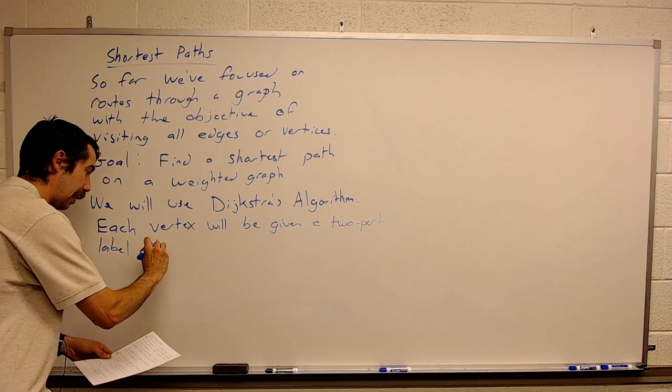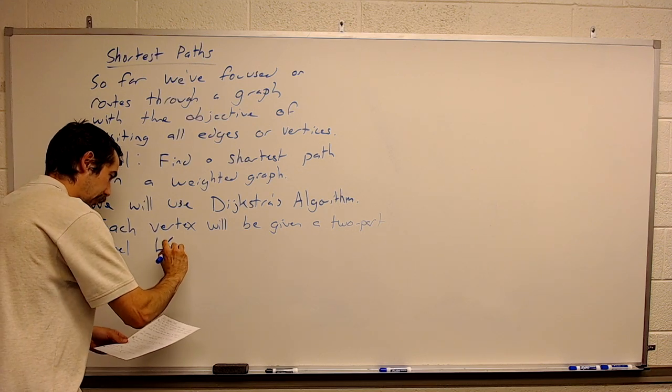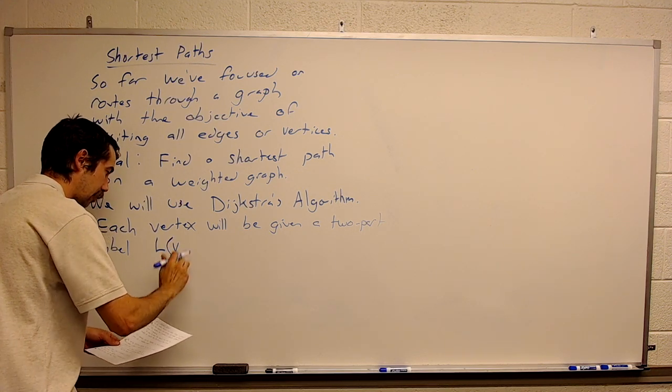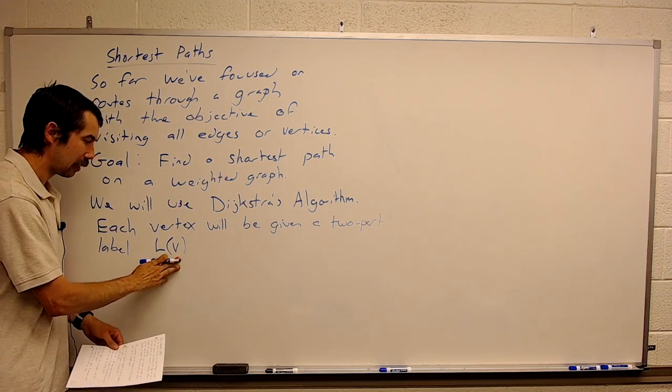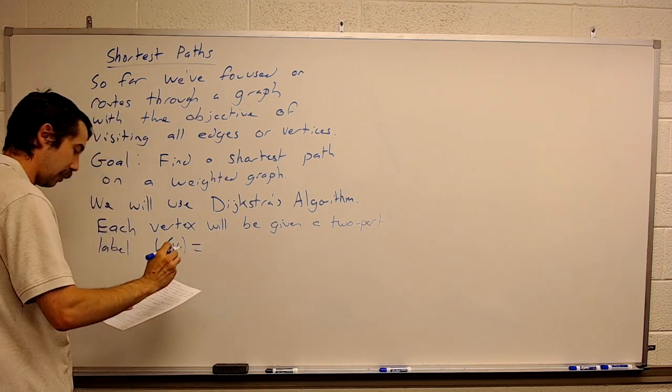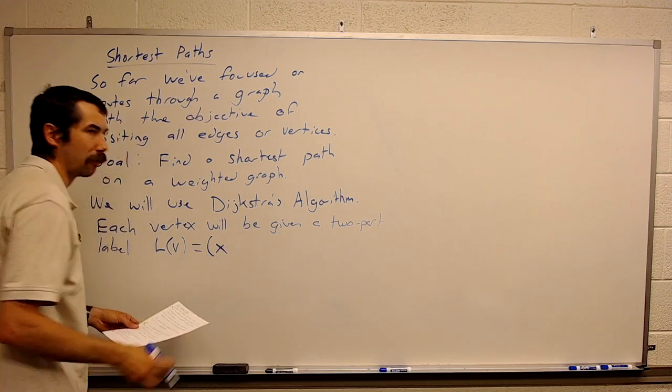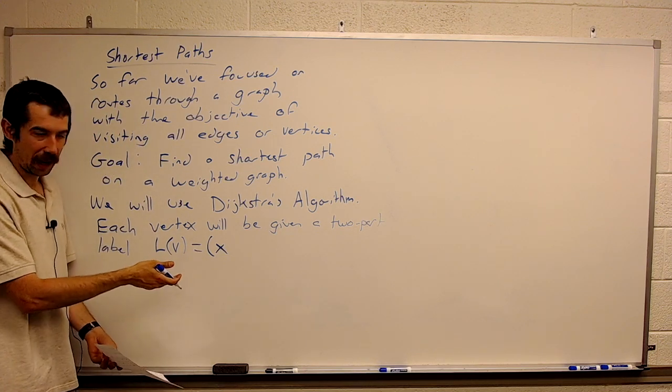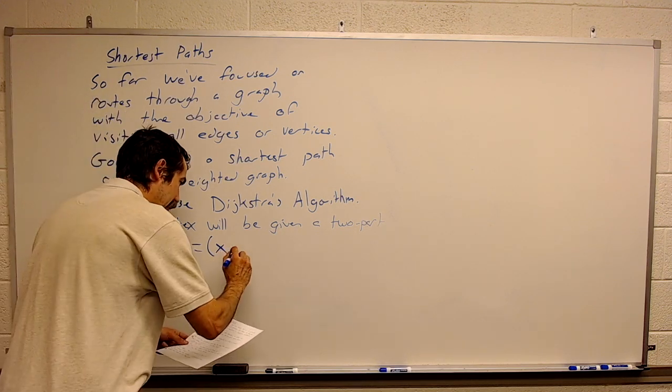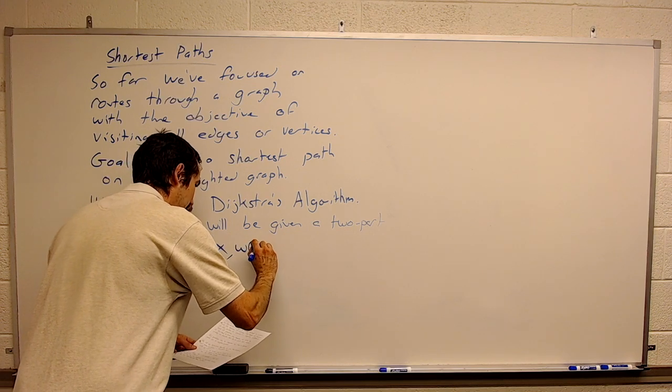Okay, we're going to call it L of V. So that's the label of this vertex V. And it's going to have 2 components. It's going to have some other vertex, which I'll denote by X for now, and some weight associated with V.